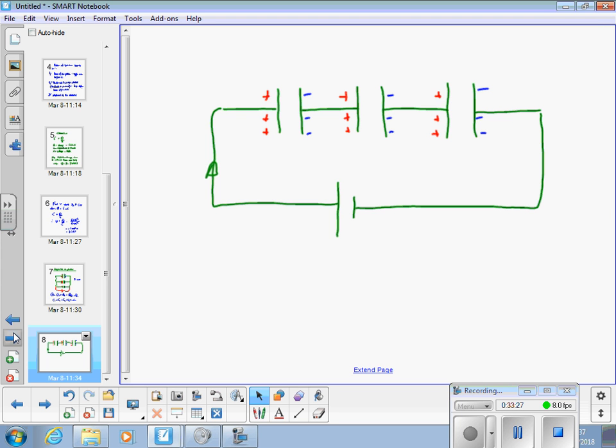I admit it's not very common to connect capacitors in series.